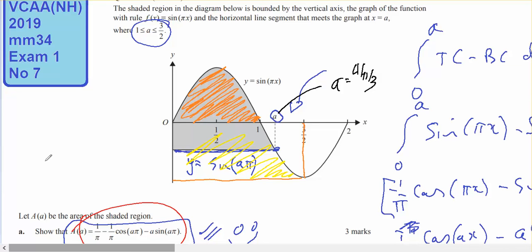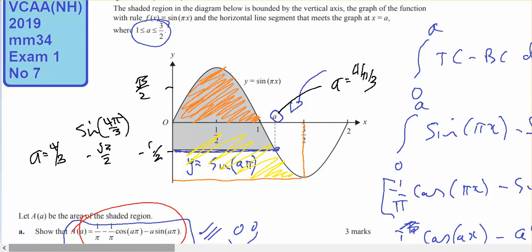So if a equaled 4/3, then this is the sine of 4 pi on 3, which is negative root 3 on 2, which means that's negative root 3 on 2. And if I move it up, that will be root 3 on 2.